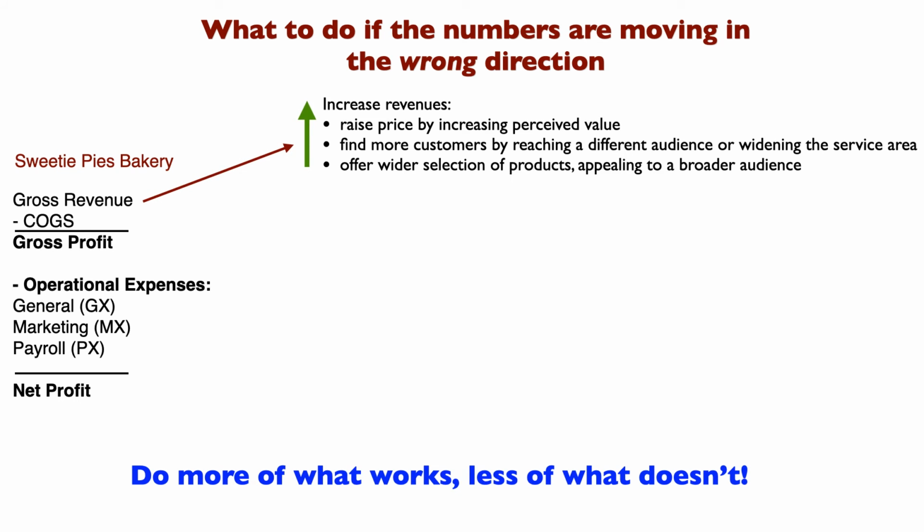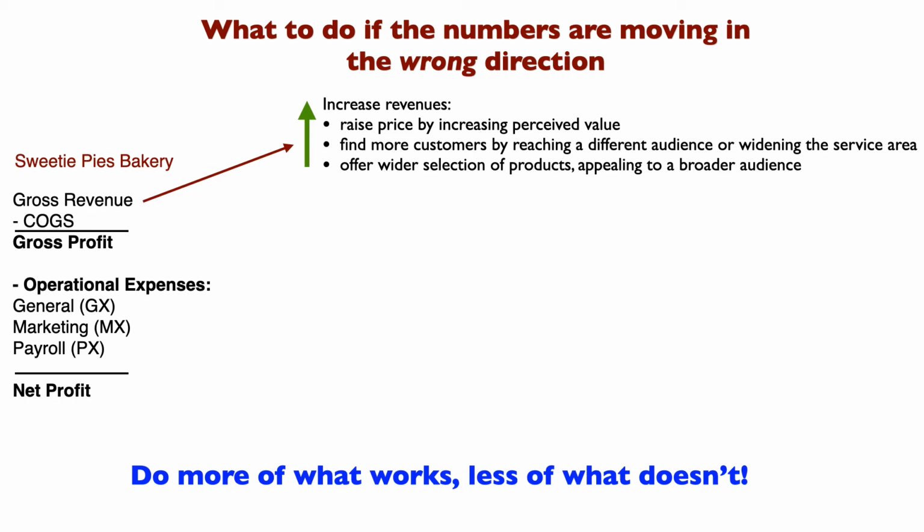She might be able to increase revenues by raising her prices, by increasing the perceived value. Maybe she can make special pies only available at certain times of the year that have a combination of flavors that no one else has. It doesn't cost any more to make those pies, but they have a higher perceived value, and therefore she can charge more for them.